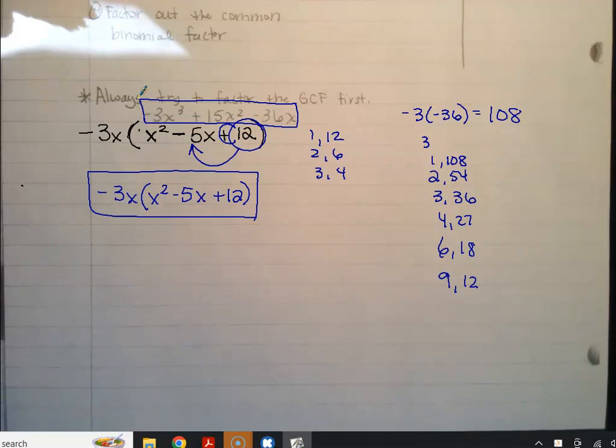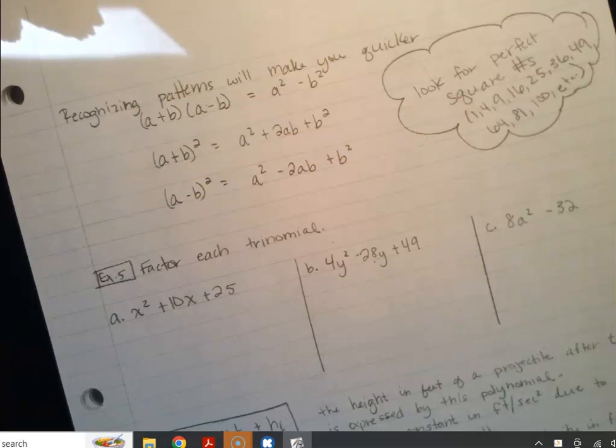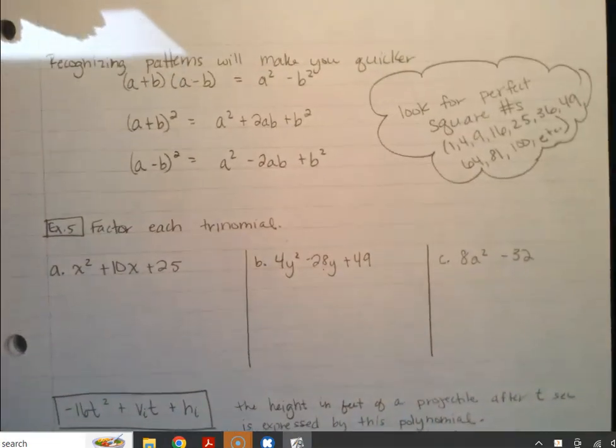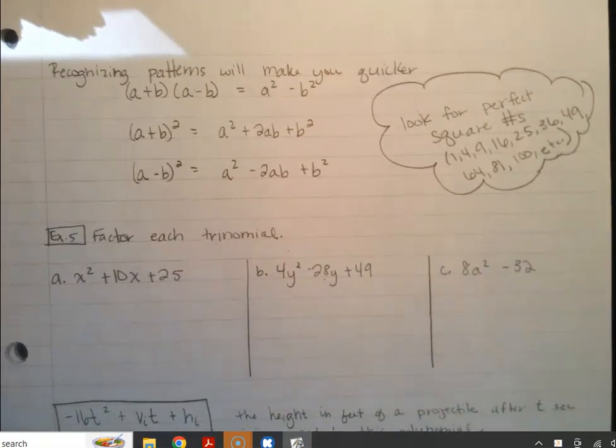Then let's look at the pattern stuff. Practice with those patterns a little bit more. Recognizing patterns will make you quicker. So let's look at this note here.